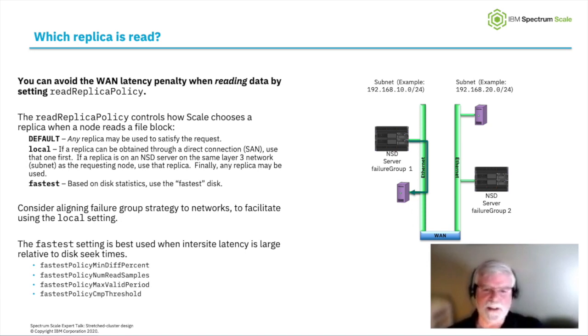And fastest may not always determine that a local HDD, which might be a little bit slow for some reason, maybe just really busy, is not as responsive, and it could be tricked. That's why I prefer the local setting. If you can architect your network for local to work, you should do that.